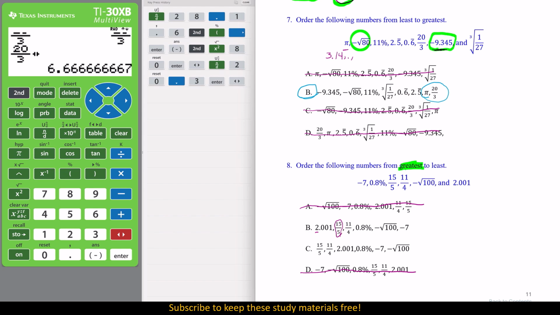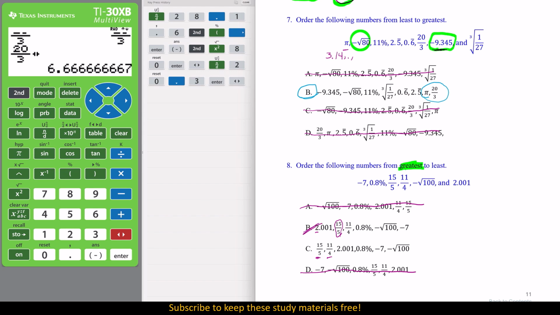Okay, now C says that we have 3, but is 11 over 4 less than that? Oh, that doesn't work. Wait a second. B's out. What am I thinking? We're not doing least to greatest. We're doing greatest to least. So it can't be B because that would be 2 and a little more than 3. No, I don't like B either.